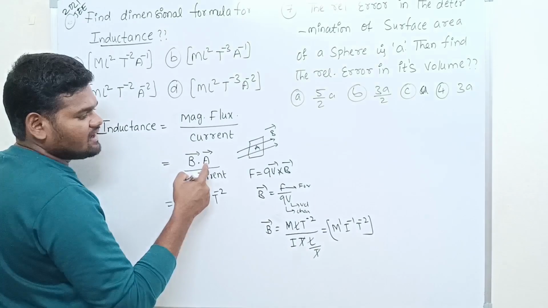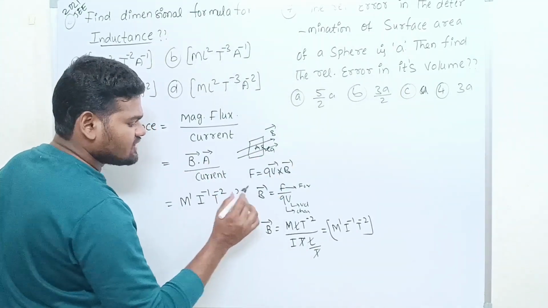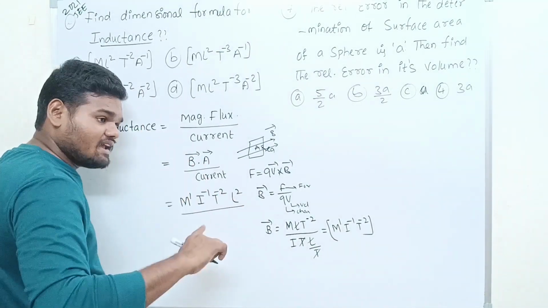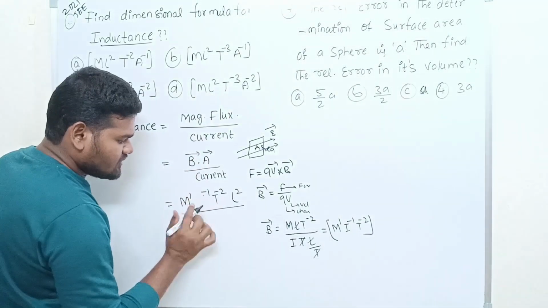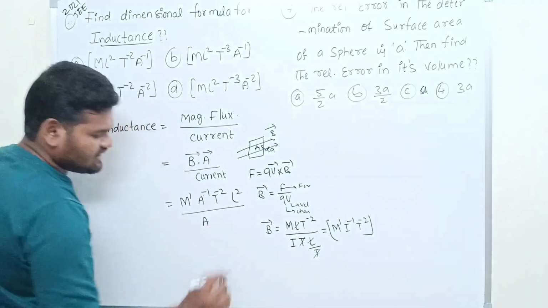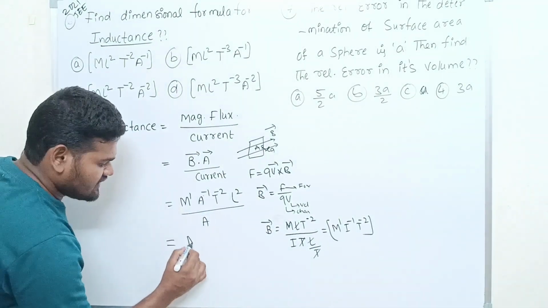A means area here. Area is L square, divided by current. Current can be represented by A or I, and in the options they have taken A, so here I am taking A power minus 1. So we get M power 1.